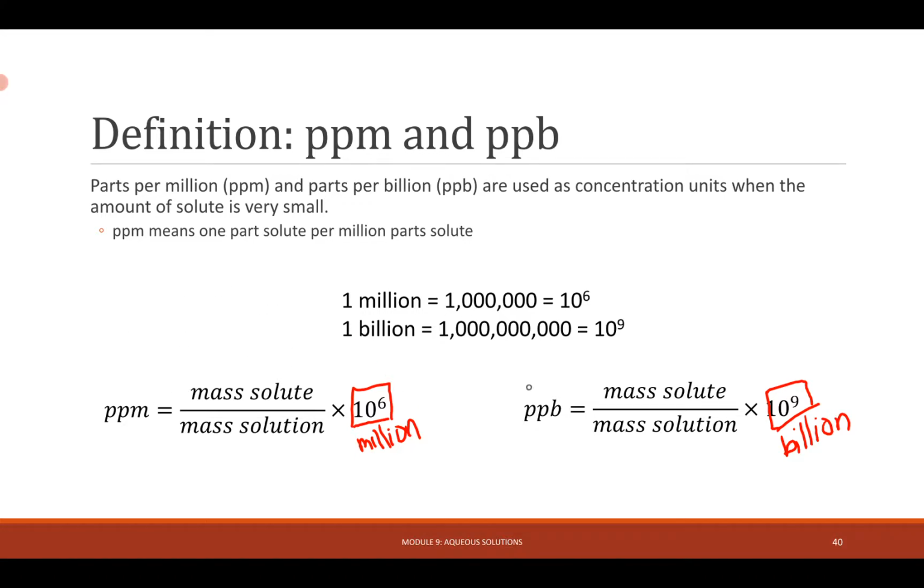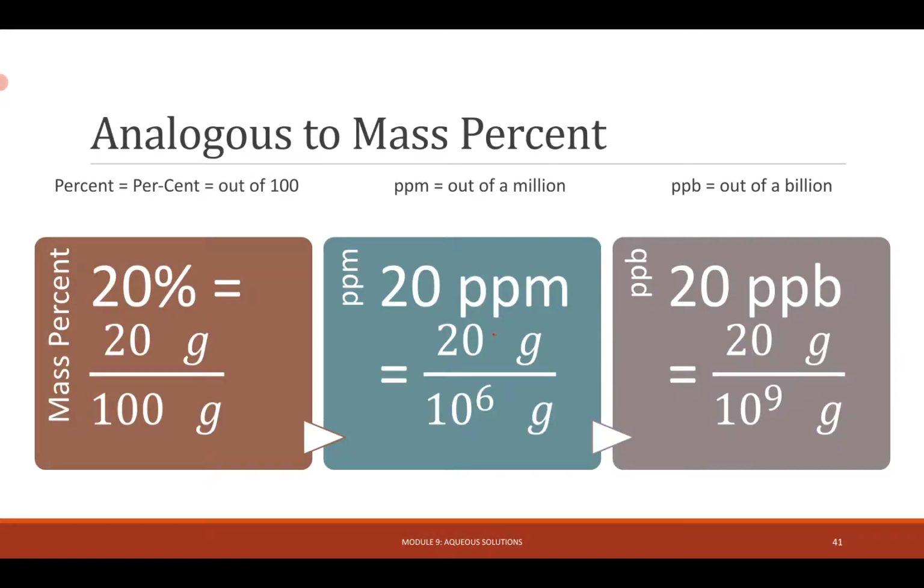The ppm and ppb are used to express concentrations when you have a very, very, very small amount of solute in your solvent. These are very analogous to our mass percent composition. So for instance, if you saw a mass percent composition as 20%, then you could translate this into a conversion factor by knowing that percent means out of 100, like divided by 100.